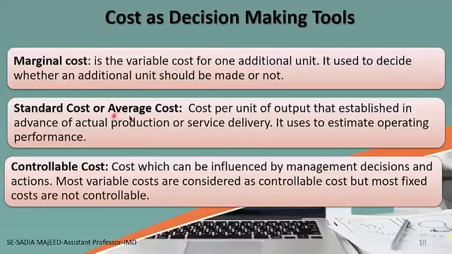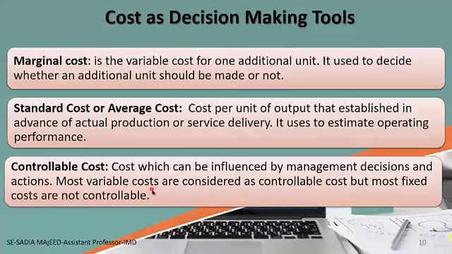So this is how this is used to check the performance of your production process. If actual cost is greater than the standard cost, then we move to the controllable cost. And controllable cost is basically the cost controlled by the management decisions. Most usually variable cost can be controlled by the management decisions.